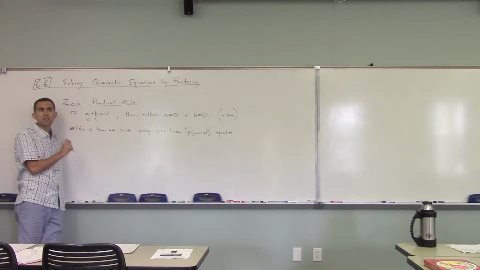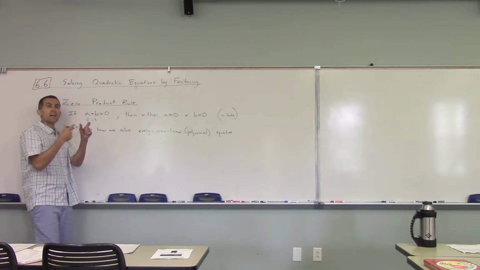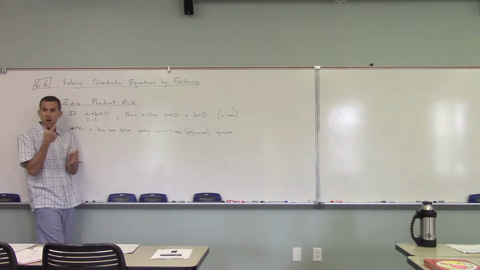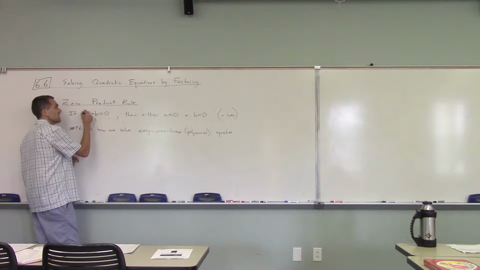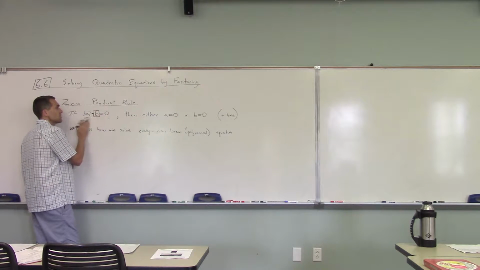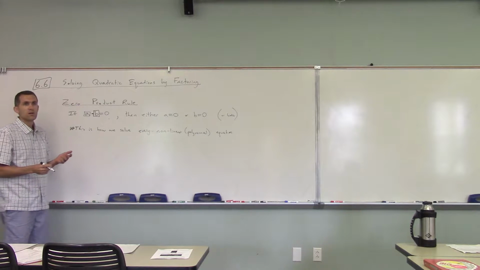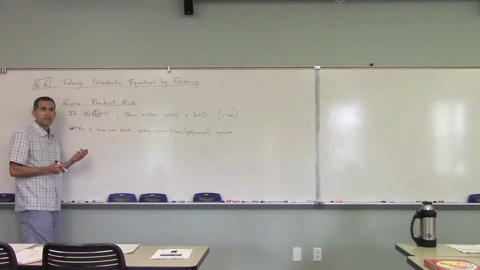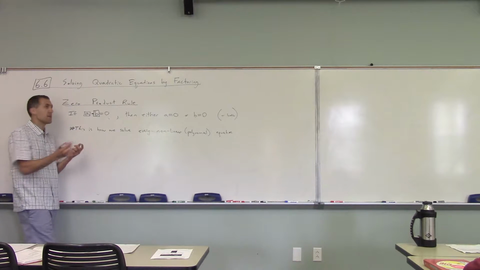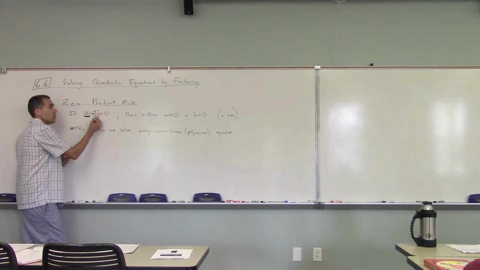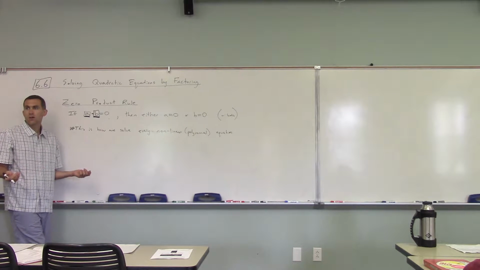And that's what I'm going to use: I'm going to take a polynomial and factor it, so it's a product of this parentheses times this parentheses equals 0. And if I have a parentheses times a parentheses equals 0, then what do I know? Well, one of the two is going to be 0. Either this parentheses or this parentheses is 0.